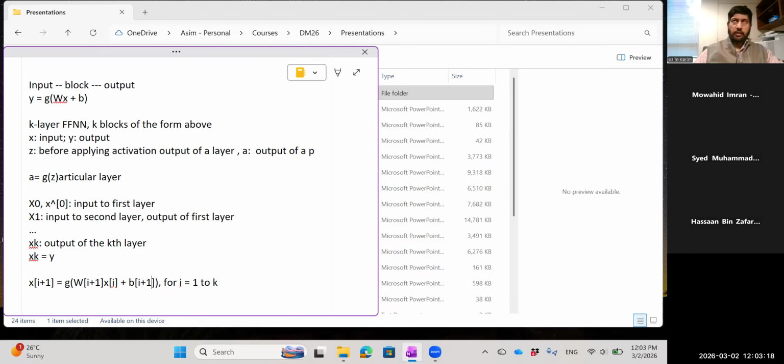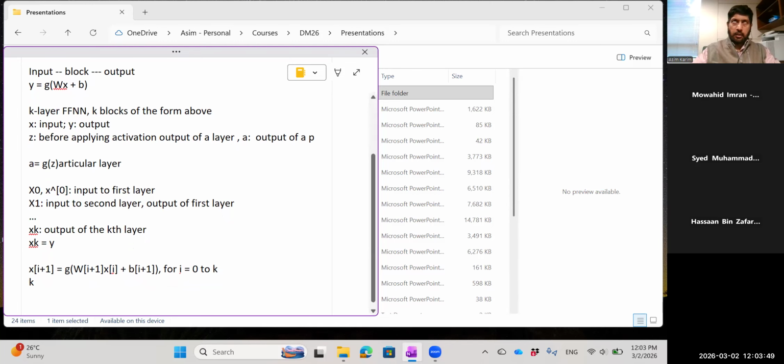And of course the first x जो आपके पास होगा, x let's say 1 से हमने शुरू किया हुआ, या 0 से कर लेना चाहिए था हमको, I think 0 से कर लें, ठीक है। तो 0 to k, so this would now be your complete neural network. So this is, in other words, called a k layer feed forward neural network. So it has k blocks, so k blocks of processing.